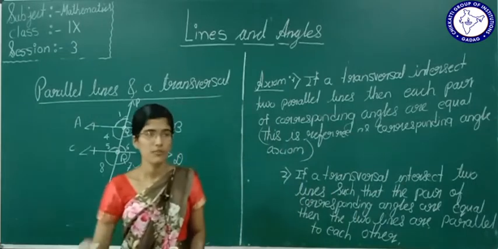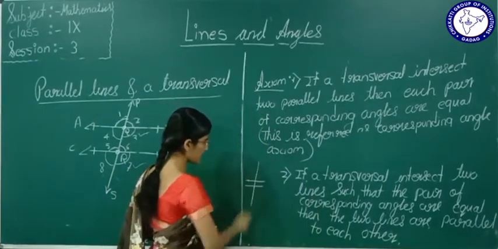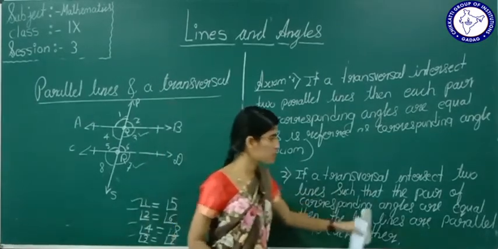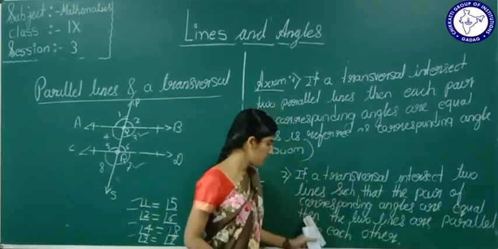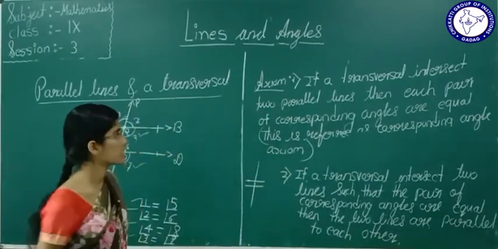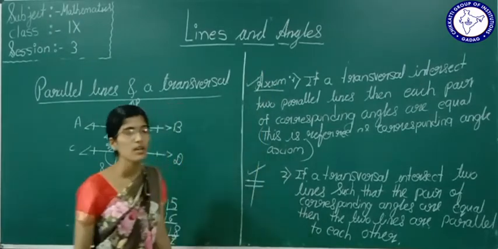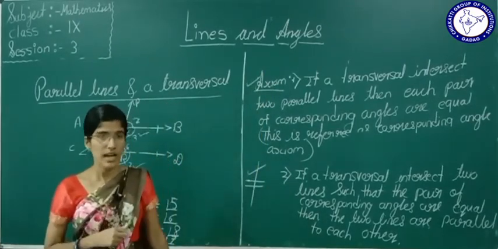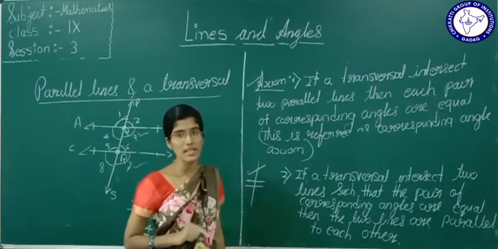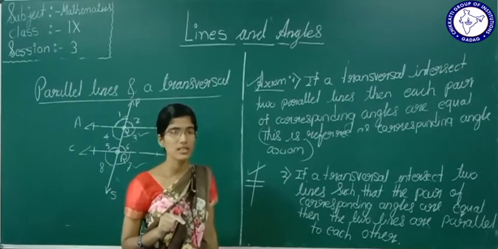Okay, if a transversal intersects two lines such that the pair of corresponding angles are equal, then the two lines are parallel to each other. So these axioms are very, very important. The first axiom tells us: if a transversal intersects two parallel lines, then the corresponding angles are equal.